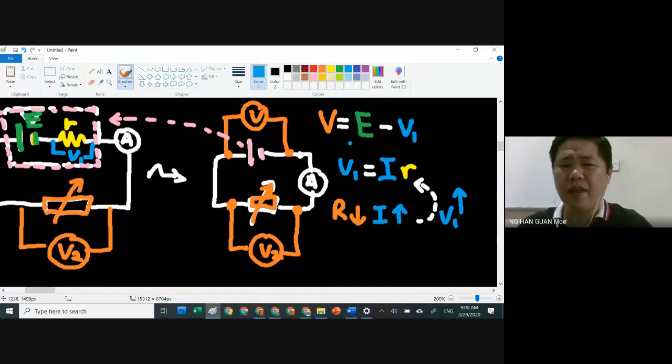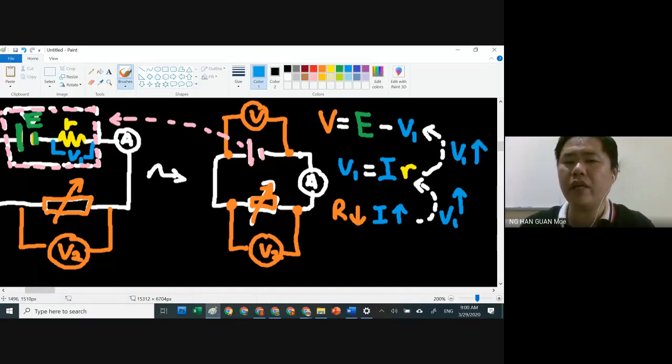And this straight away affects the result of V2, because our V1 increases due to the increase of I. Then it will cause our V2 to come lower, because EMF is a constant.